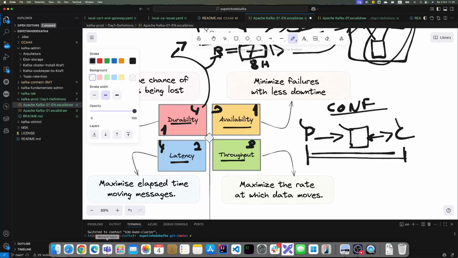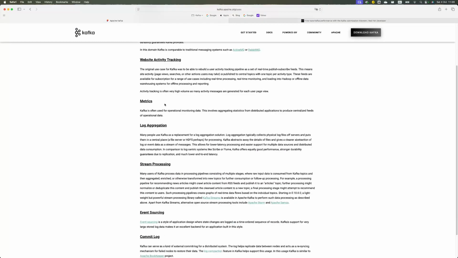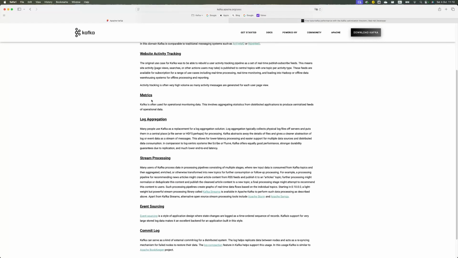As I showed you at the beginning, you have different use cases here. For example, if you just move logs or metrics between systems for monitoring purposes, perhaps losing a little bit of data doesn't matter, because the flow will continue. Durability is not the target here.